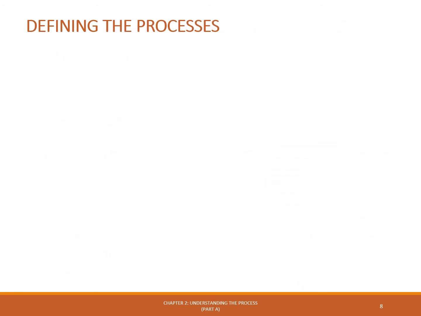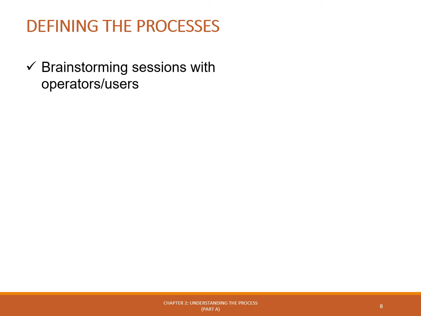The next step is defining the process itself, which is a very important task, especially if the process is intended to be improved. When a process is to be analyzed for the first time, the main focus should be to capture everyone's current knowledge of it.